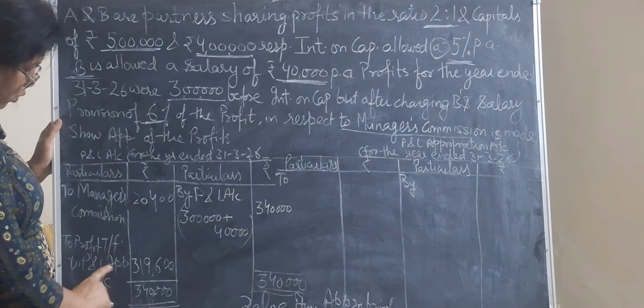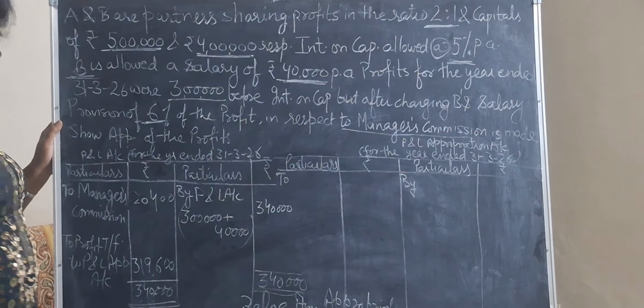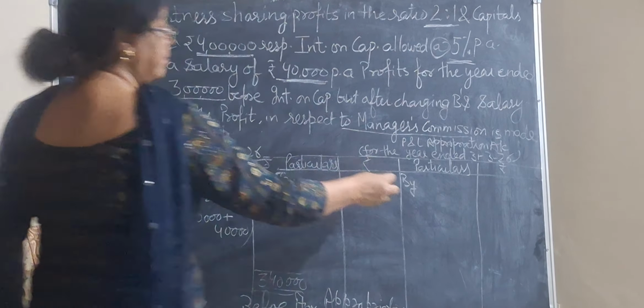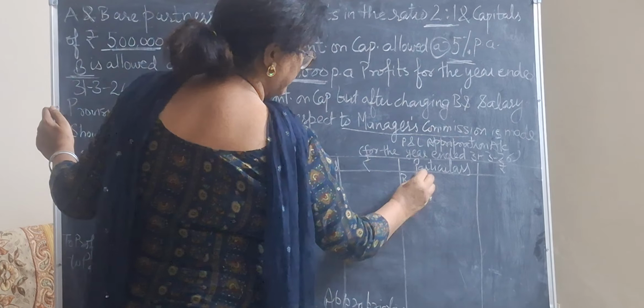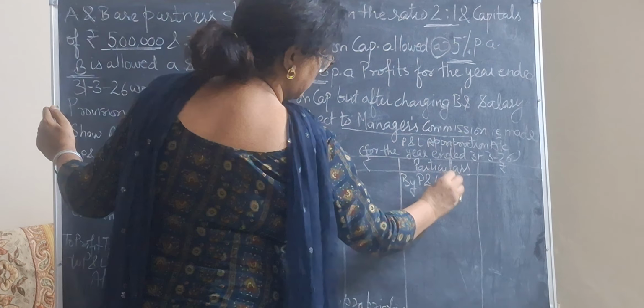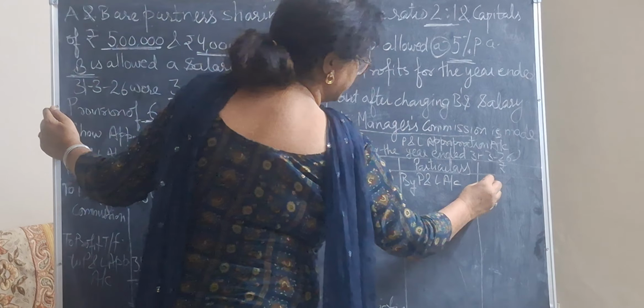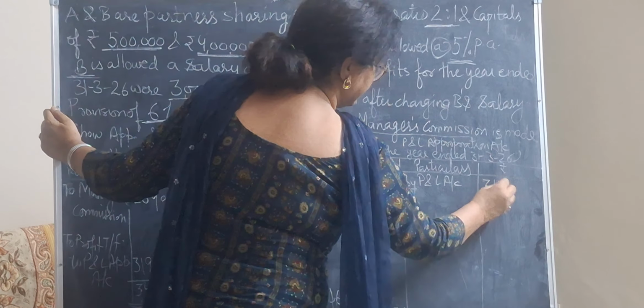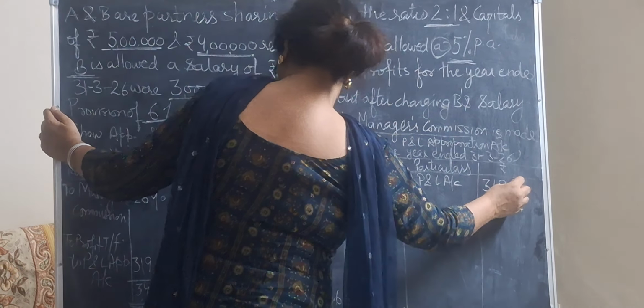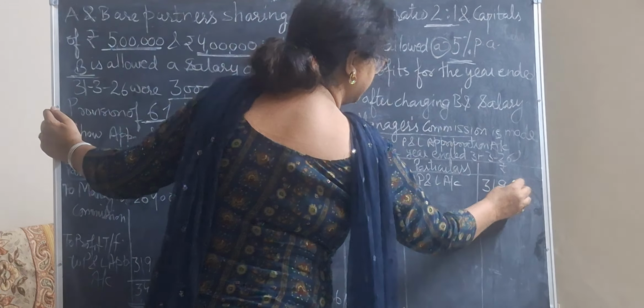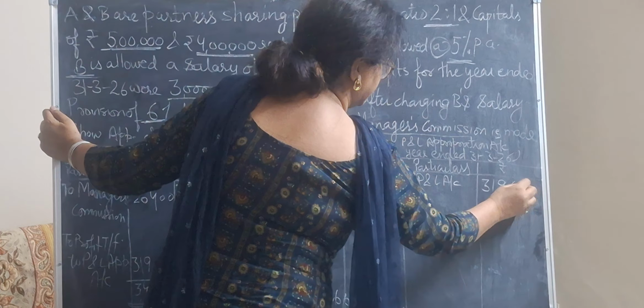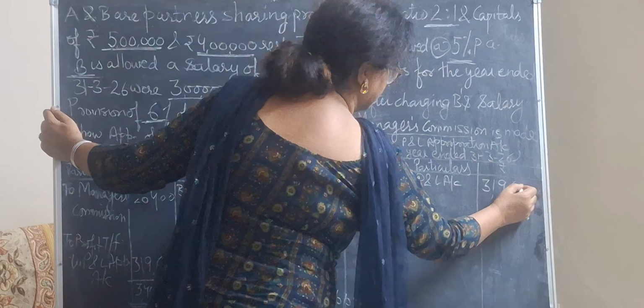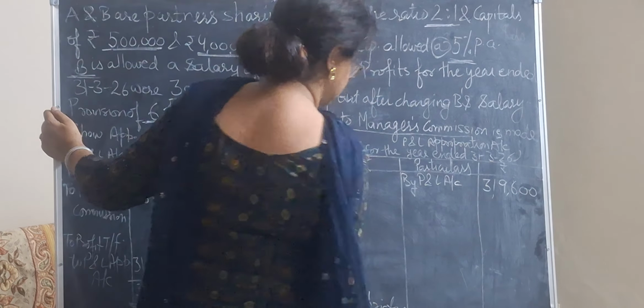So we have transferred it to the P&L appropriation account. In the P&L appropriation account we write here by profit and loss account. Where is this being transferred from? 3,19,600 is the profit being transferred from the profit and loss account.